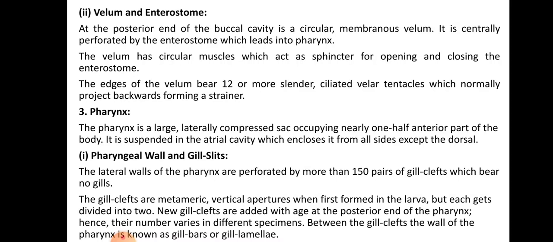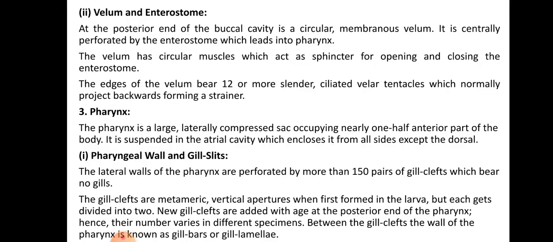Some authors consider this as the mouth, but others say it cannot be correlated with the mouth of the chordates, as it is not lined with ectoderm. So overall it is an opening from which the water enters into the pharynx. The posterior border of the velum is produced into 10 to 12 slender ciliated and sensory velar tentacles, and they also serve to strain the water current entering through the enterostome.